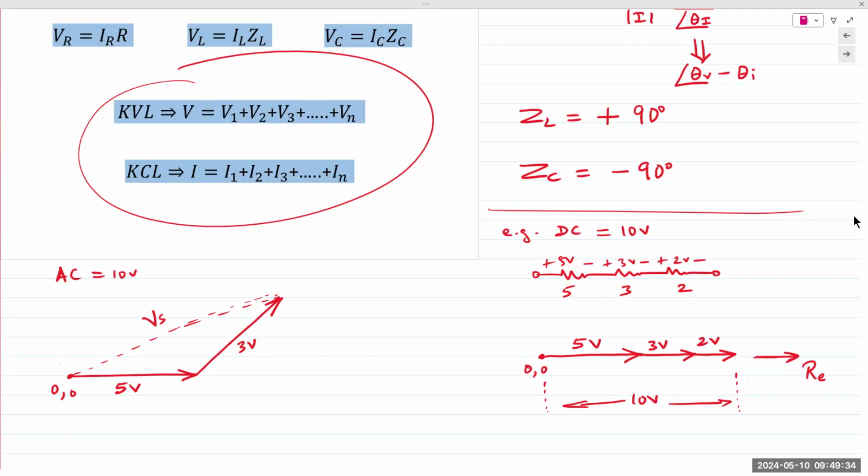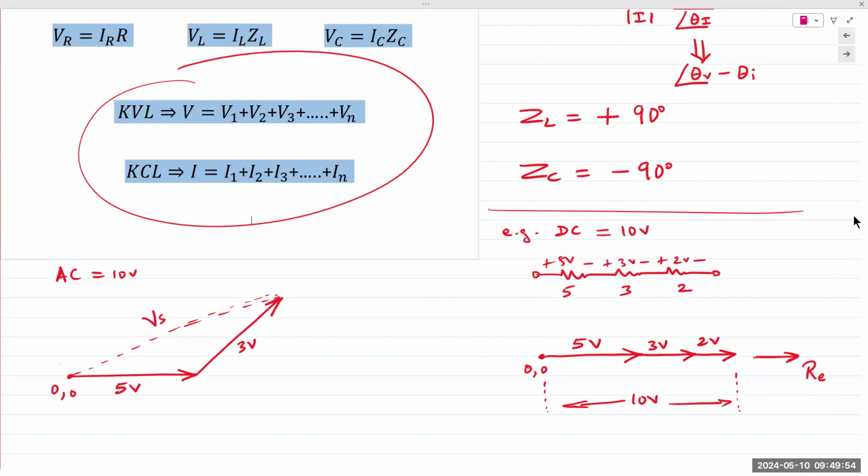The answer is yes, but for each specific component, meaning if you have L1 and L2, then the phase angles between L1 and L2 might be different. But the voltage for L1 and the current for L1 will always be plus 90 difference.